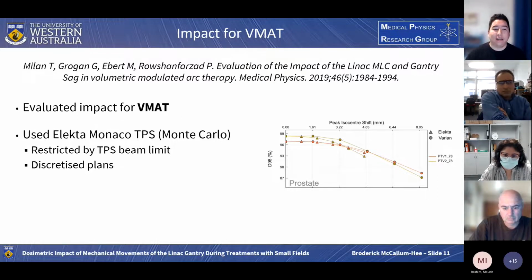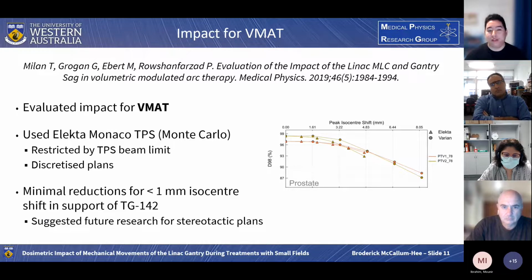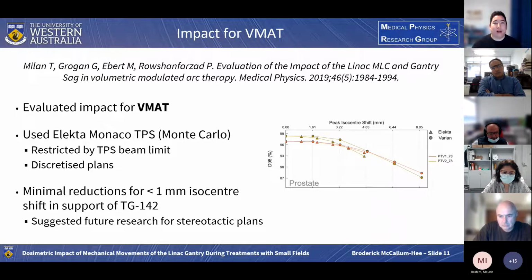So unfortunately, they had to discretize their plans, and that introduced a slight error in their calculations. The conclusions of this study found that there were minimal reductions for less than 1 millimeter of isocentre shift, in support of TG142. At the time, TG198 had not been published. They also suggested that future research should be done for stereotactic plans.